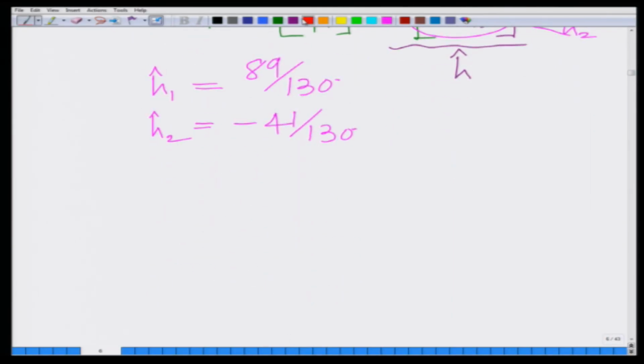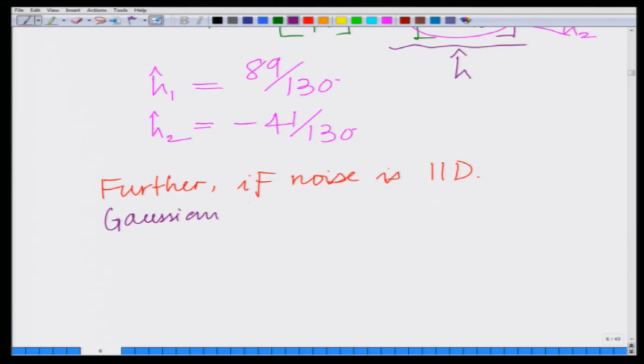Now, further, let us consider Gaussian IID noise of variance minus 3 dB.